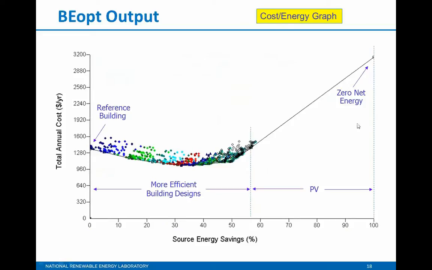I hope so, and it does bring up something that's very much worth mentioning in how BEopt works. The transition from efficiency to PV is not automatic. What happens in the sequential search is BEopt is always looking from the beginning for the next most cost-effective thing to do.